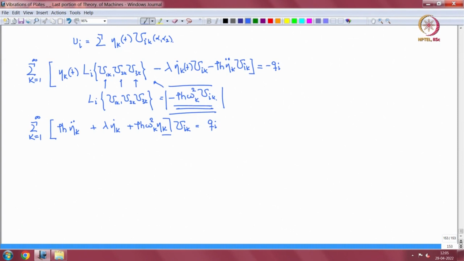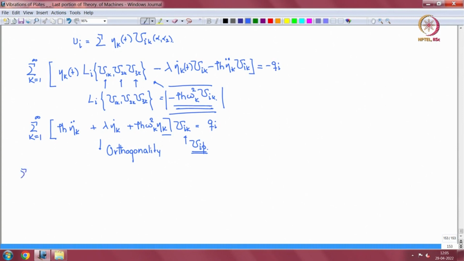Okay, so now here we use orthogonality. If we use orthogonality, what do we get? We multiply here by u_ip, another mode number, and integrate.